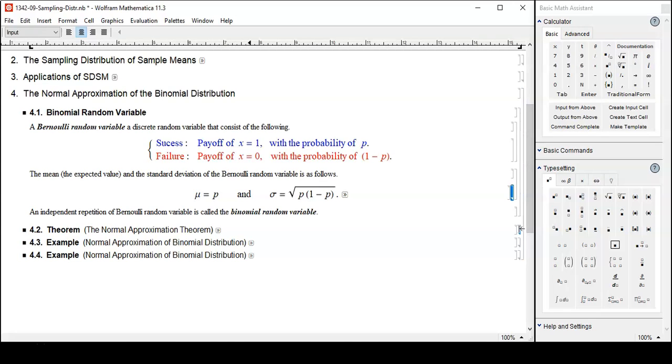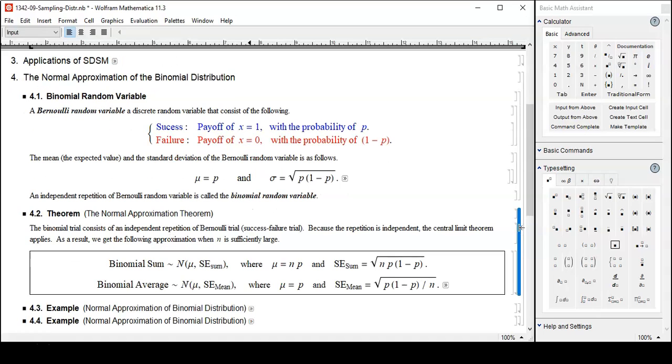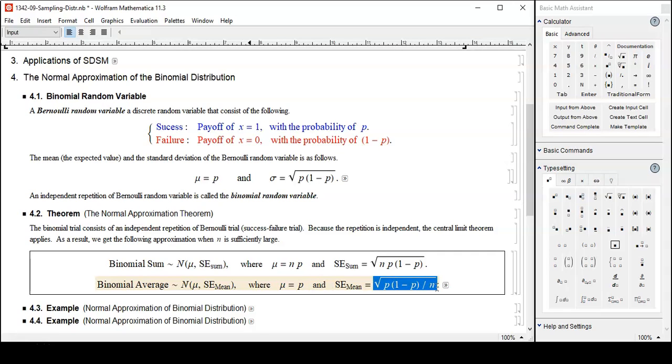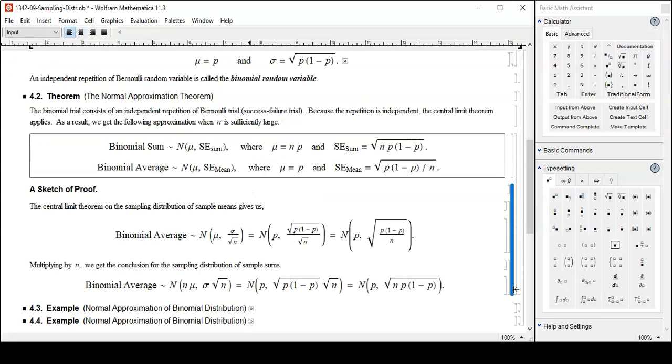Now, let's apply the central limit theorem here. We have mean and the standard deviation for individual. So if I apply the central limit theorem, what do you get? Mean stays the same, and standard deviation becomes sigma over square root of n, and we can simplify like that. As a matter of fact, here's that computation.